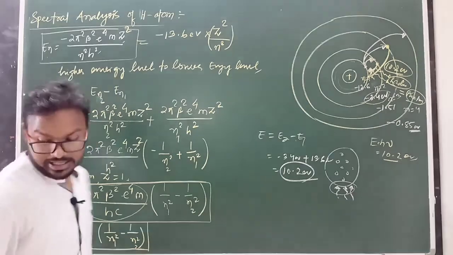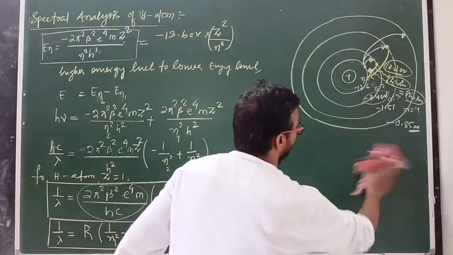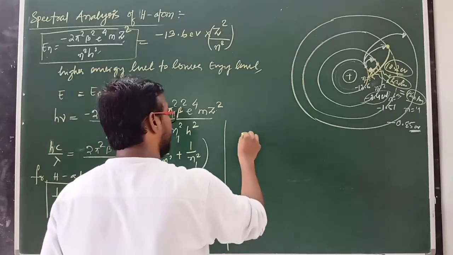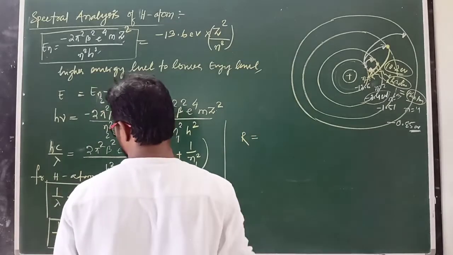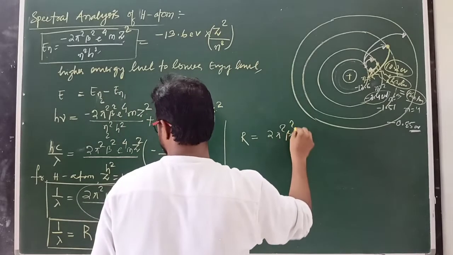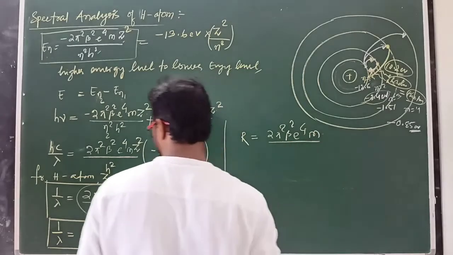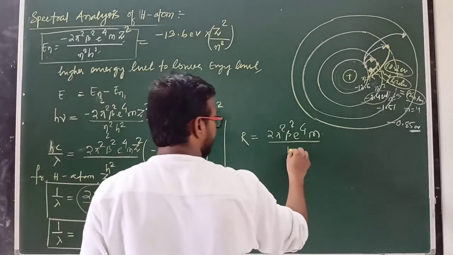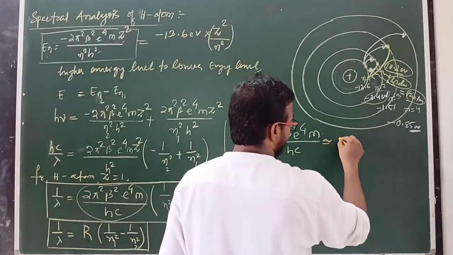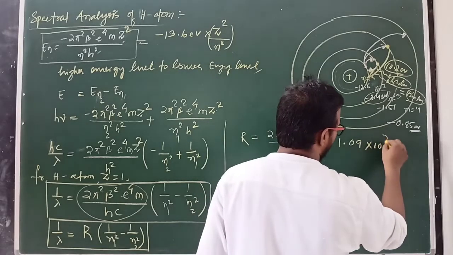The value of R is 2 pi square beta square e to the power 4 m divided by hc, and its value is nearly equal to 1.09 into 10 to the power 7.